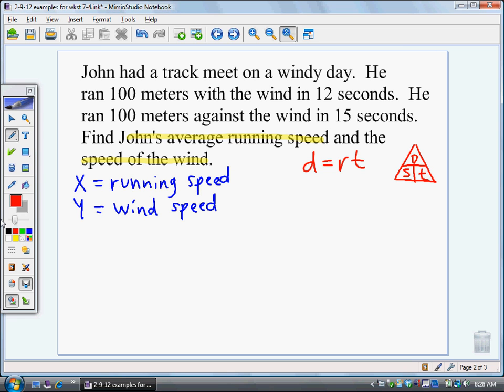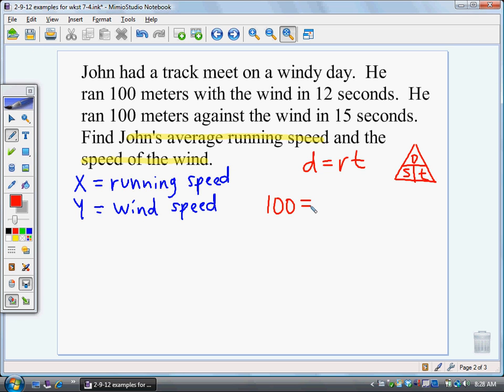Well, now I can write two equations. I can write one for the 100 meters I ran with the wind and one for the 100 meters I ran against the wind. So one equation would be 100, that's the distance, okay? The rate and time, the time is easy, the time is 12 seconds.